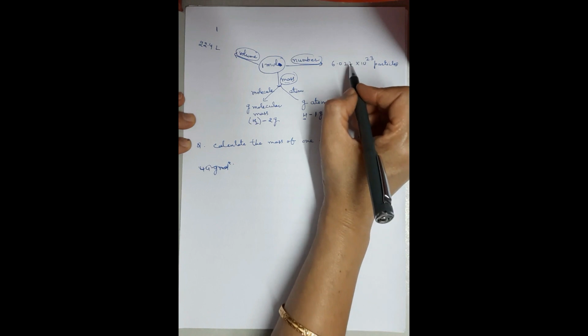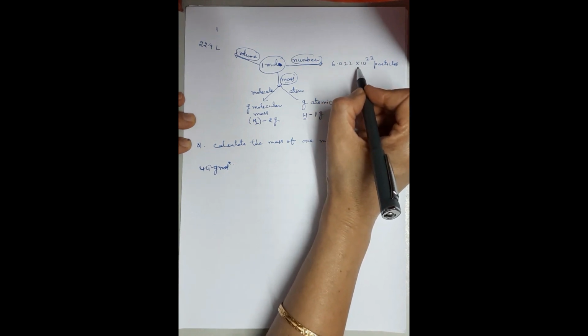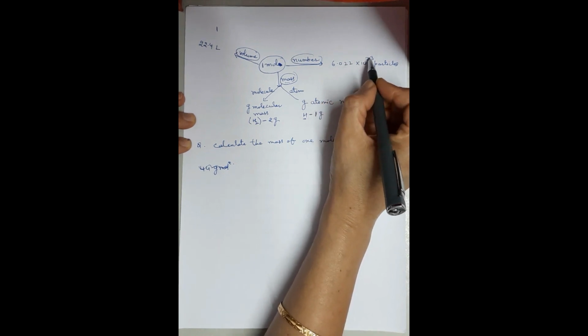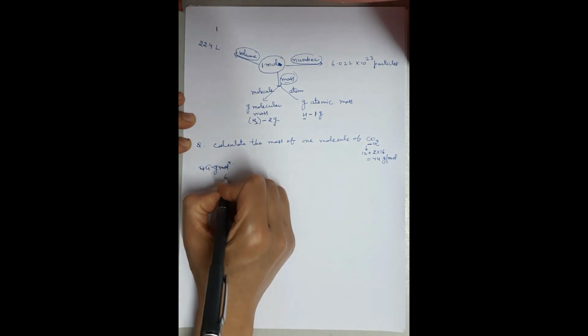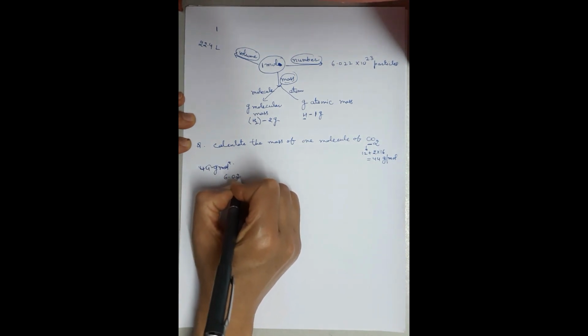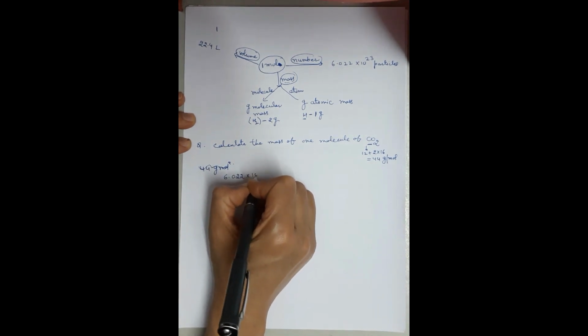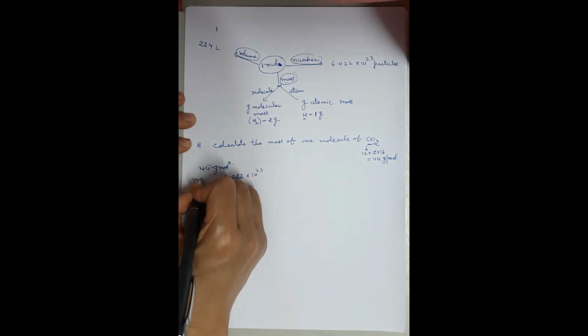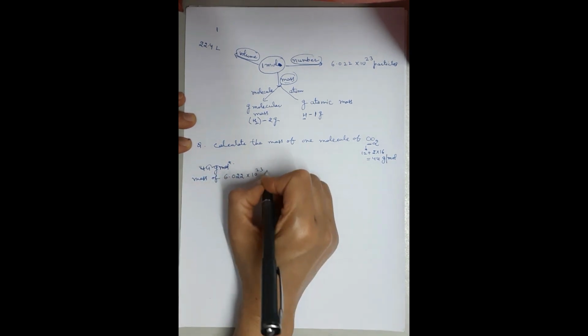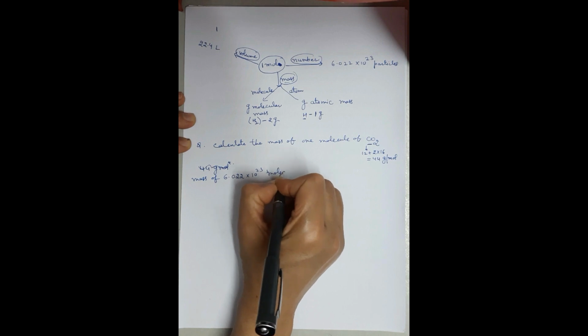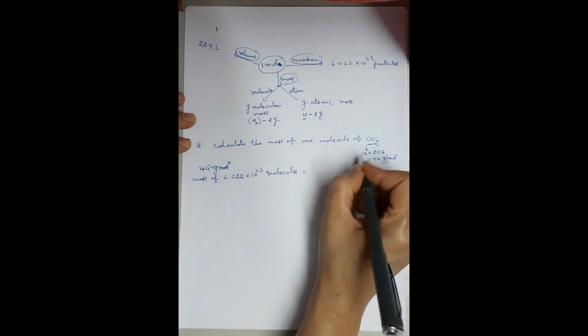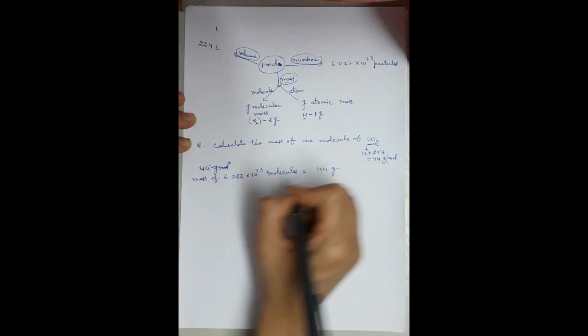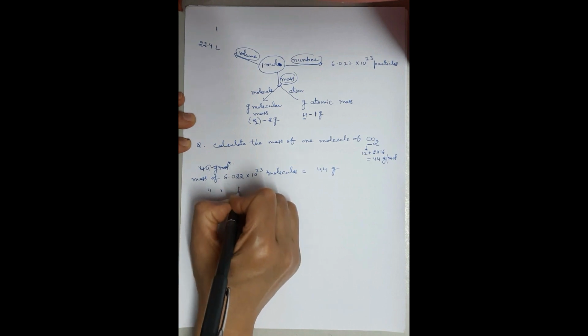How many particles are there in this? How many molecules are there in this? 6.022 into 10 raised to power 23. So I'll say the mass of 6.022 into 10 raised to power 23 molecules is equal to 44 grams. What is the mass of one molecule?